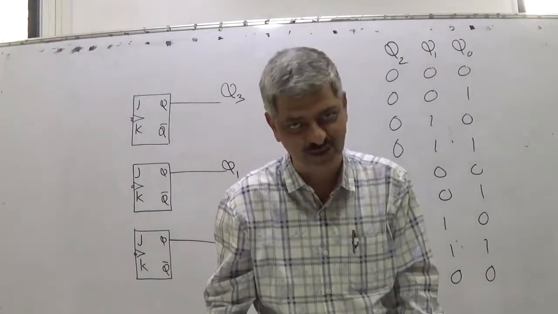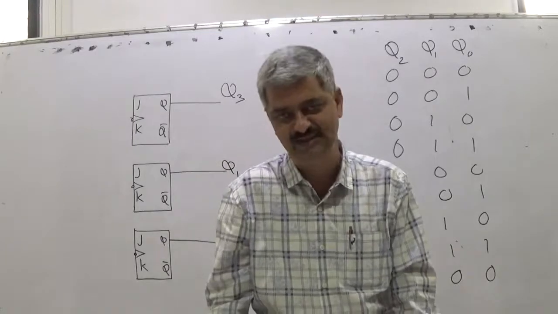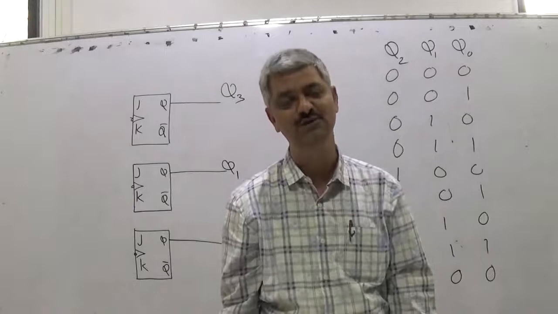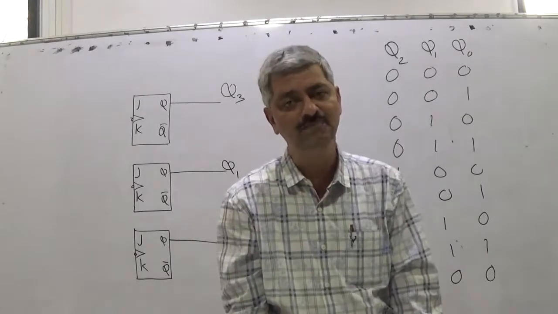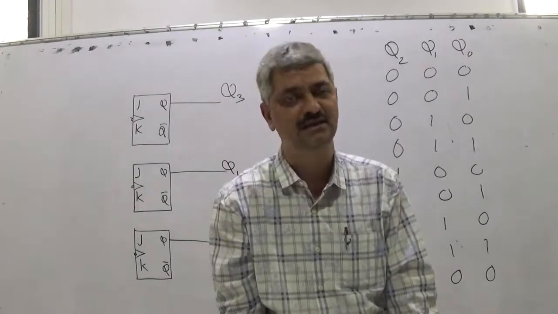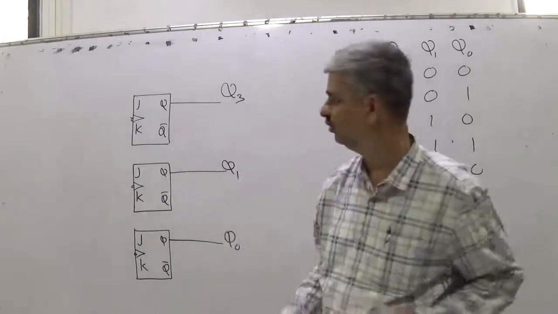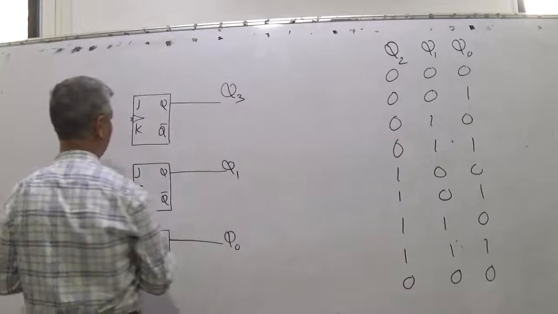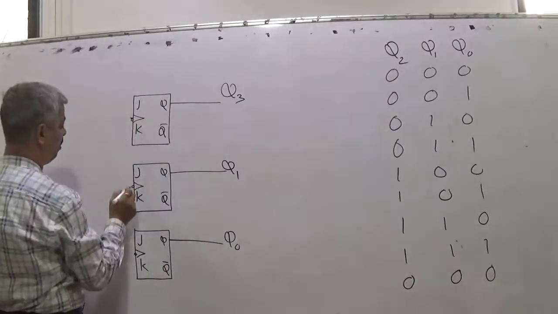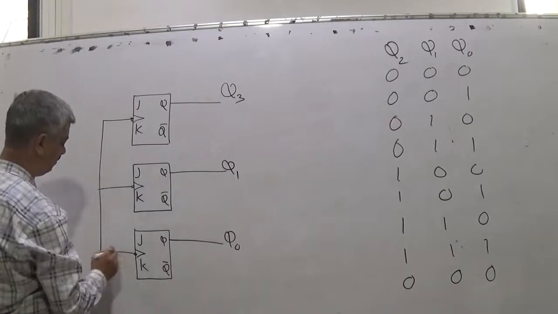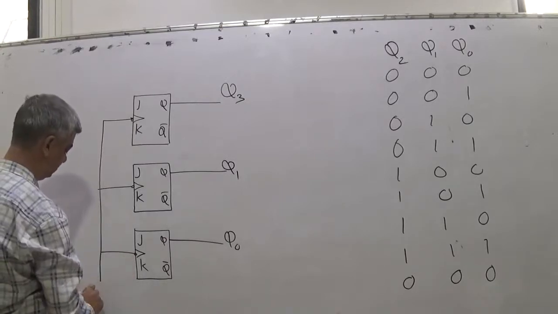Normally we use synchronous counters, but as it is a point in the syllabus I will cover the asynchronous counter as well. Synchronous counter means all flip-flops in that counter are driven by the same clock. So the clock of all is made common, CLK.